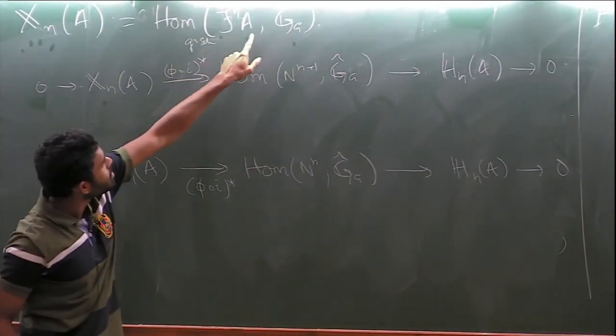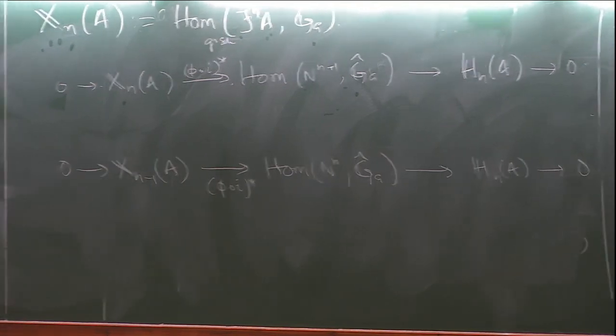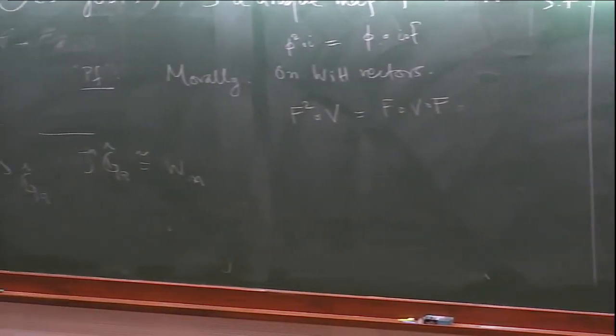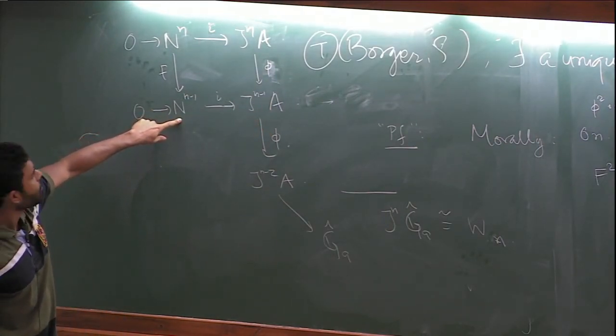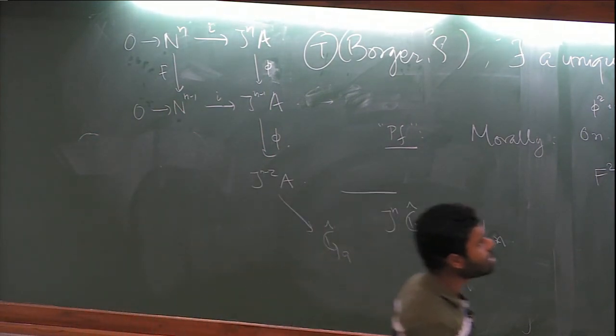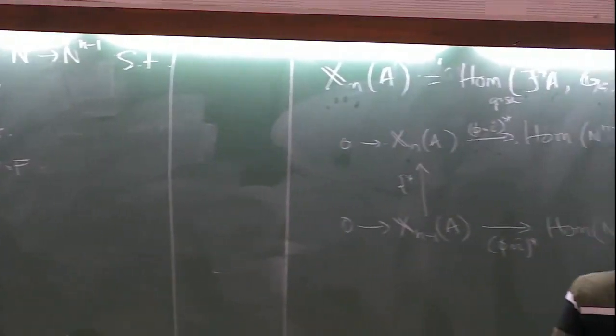These are characters out of Jn of A. These are characters out of Nn plus 1 of A. And well, let's just do it here. Suppose I have a map out from here, say a theta to Ga hat. Or rather, maybe I should do it here. Suppose I have a map out from here to Ga hat, then I can pull it back via phi star, and then pull it back via I star to get a map out from Nn minus 1. And this is this direction actually. Now, this is just one level lower. Now I want to connect it with this one. Some mistake? N minus 1, thank you. Okay, yeah, okay.